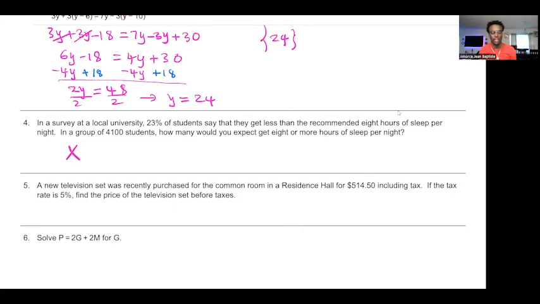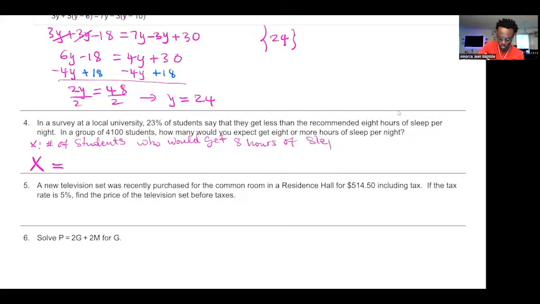Let me call it X. X is the number of students who would get 8 hours of sleep per night or more.